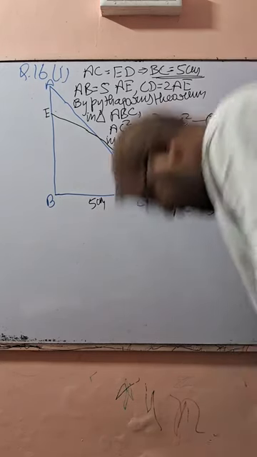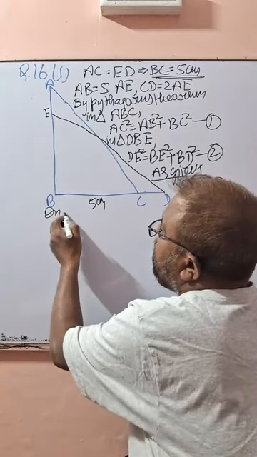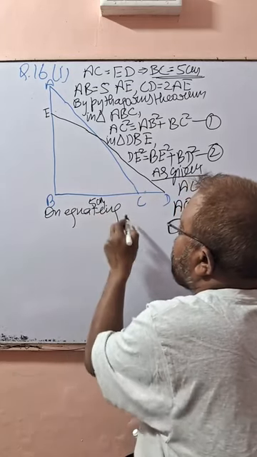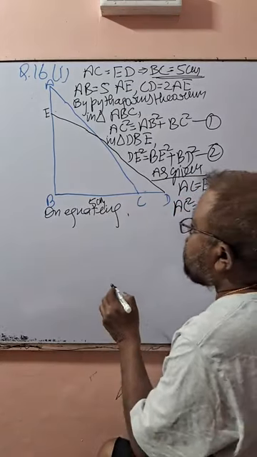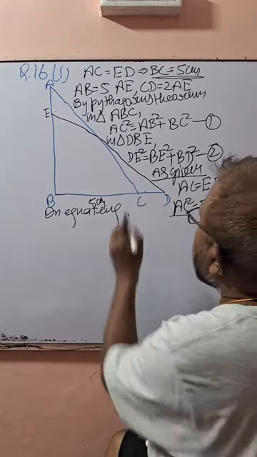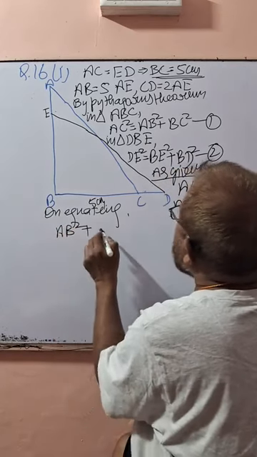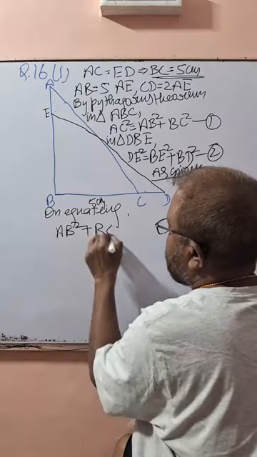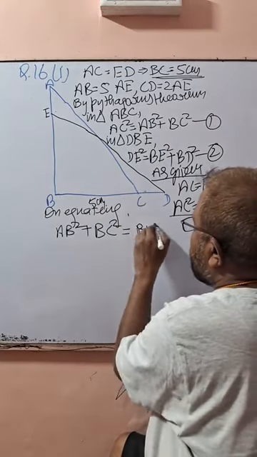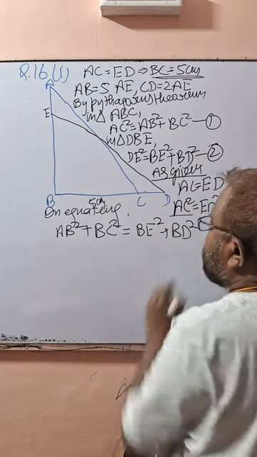So on equating AC square is equal to ED square, we get AB square plus BC square is equal to BE square plus BD square.